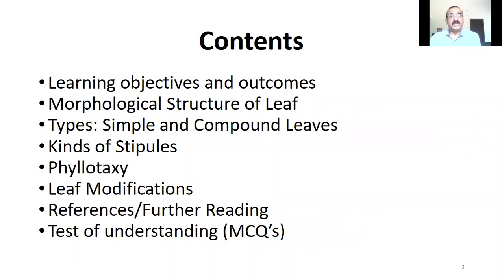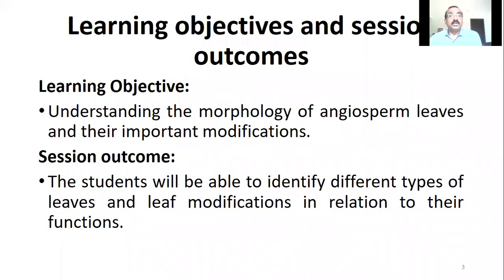And today we'll be discussing various aspects of leaf structure and modifications like morphological structure of leaf, types of leaves, wherein we'll be covering the simple and compound leaves, then the kinds of stipules, phyllotaxy, and leaf modifications. So what are the objectives of today's class and what are the expected outcomes?